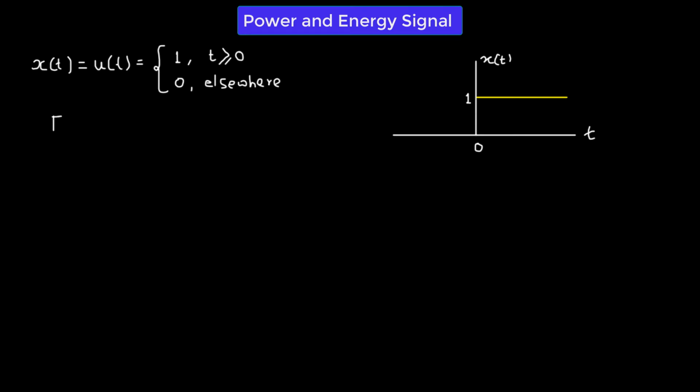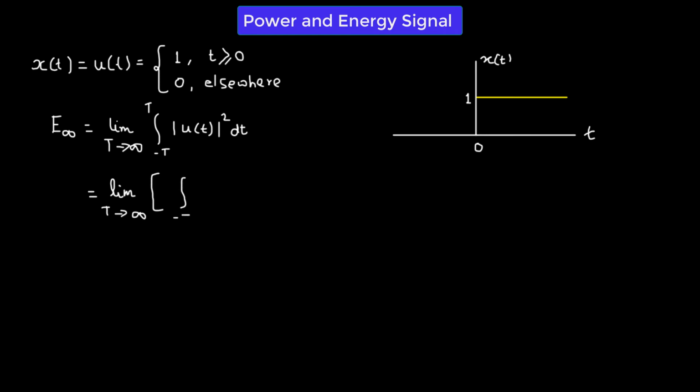So we have energy given by E infinity equals limit T goes to infinity, integral from negative T to positive T, of the absolute value of the unit step function u(t) squared dt. Now we can decompose the integral into two parts.